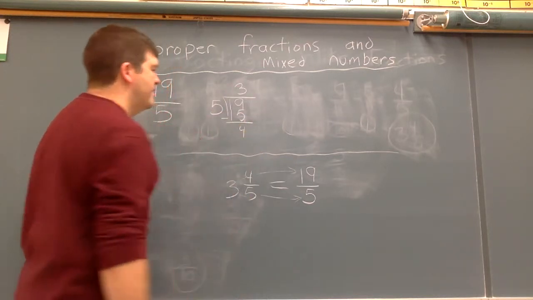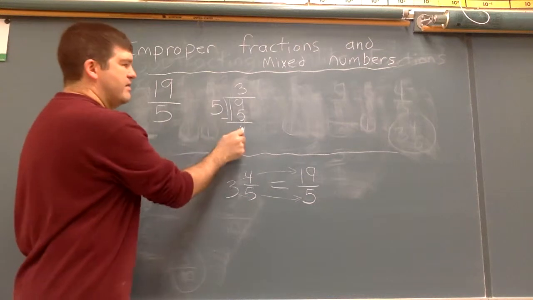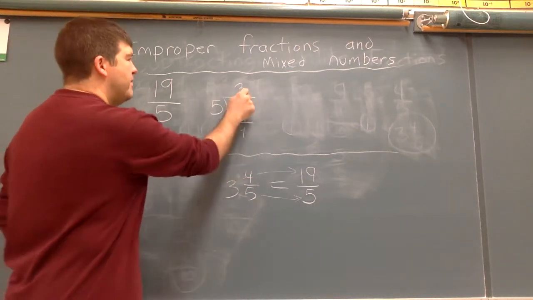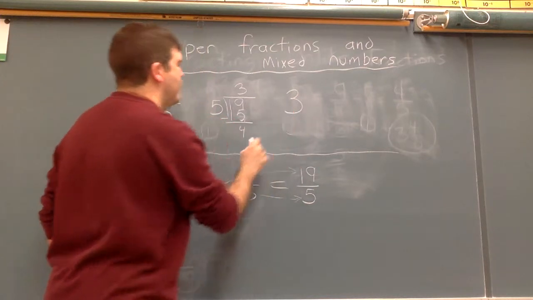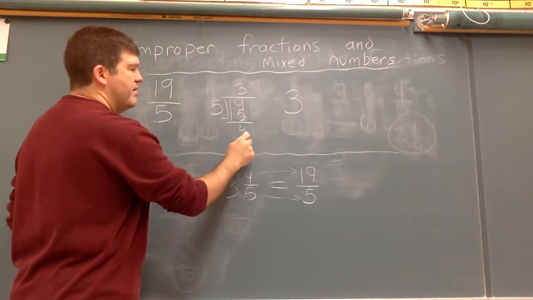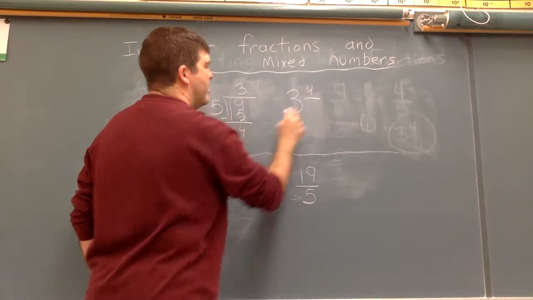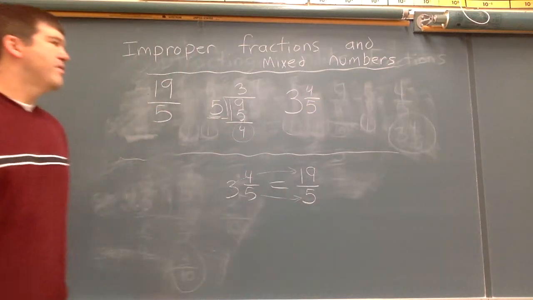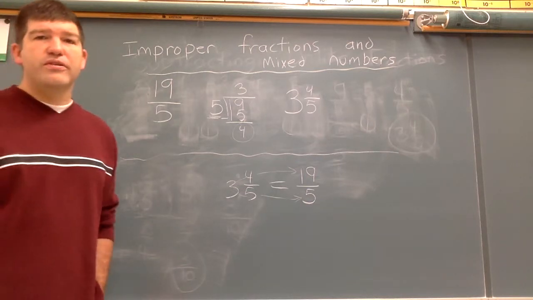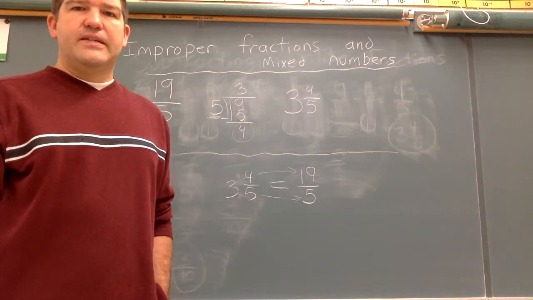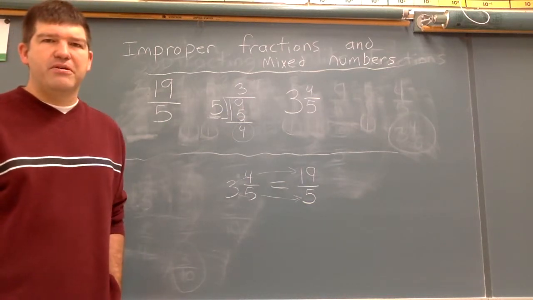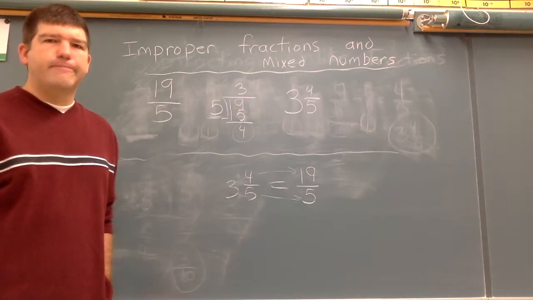I subtract that. So nothing goes in here. I can't bring any other numbers down. And I have 3 wholes. And then this is my remainder of my whole number. 3 4/5. So you could divide them. It's a little quicker. And if you follow the method every time, you should be fine.